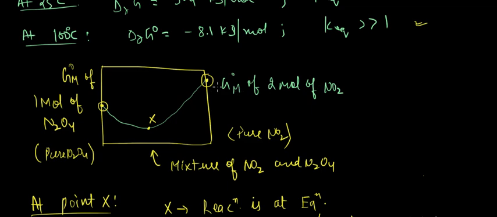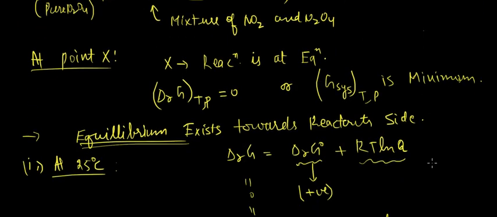So already the Gm naught for NO2 is very much high here, and on top of it we are taking 2 times Gm naught of NO2 and subtracting Gm naught of N2O4, which was already lesser than Gm naught of NO2. So obviously the equilibrium would be towards the reactant side. This explains why the equilibrium will be towards the reactant side.